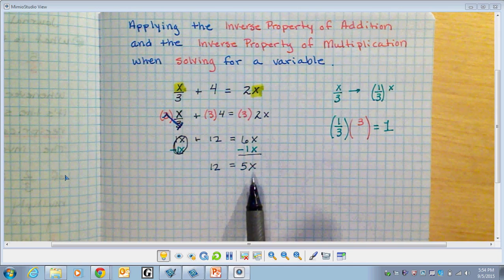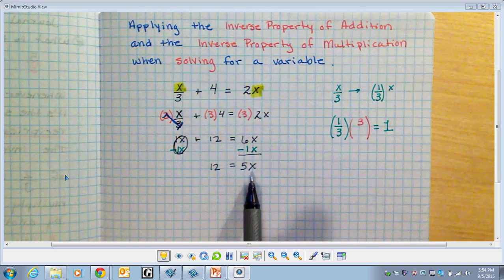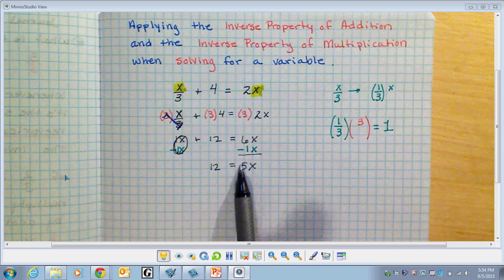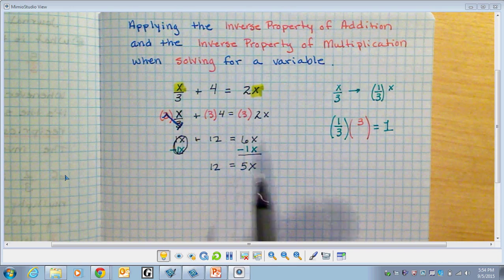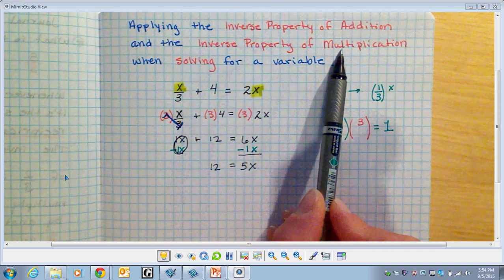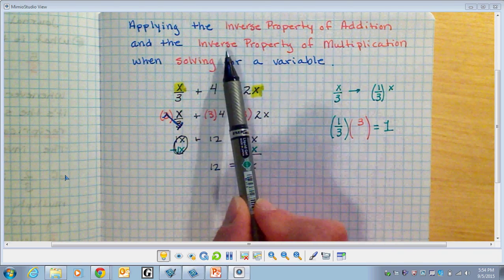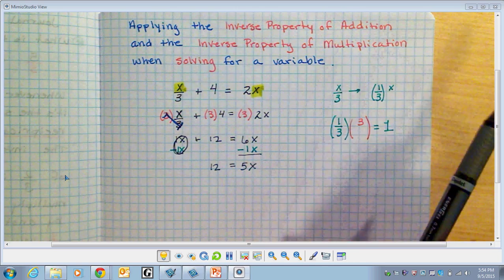So now I want to get x by itself. What's happening to the x? Well, 5 is being multiplied to the x. So if I want to get rid of this 5, I have to turn it into a 1 because multiplication is happening. So I'm going to use the inverse property of multiplication.